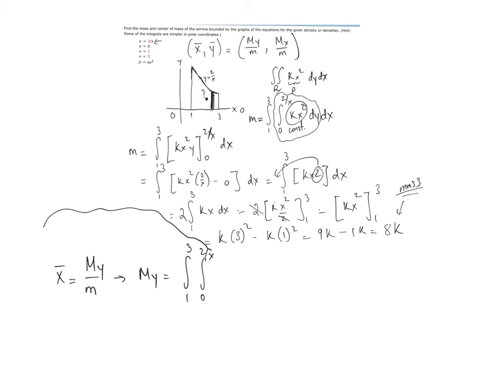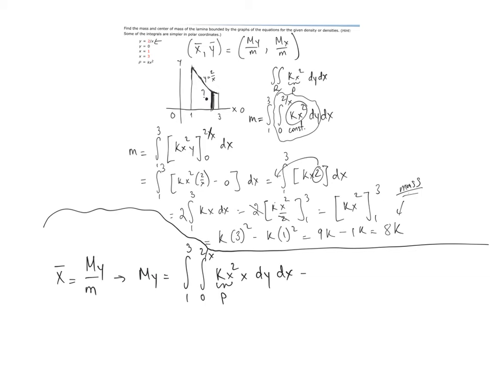Let me just separate this. Now all you have to do is add an x when you evaluate the moment of y, and add a y when you're trying to find the moment of x. So k x squared, this is your rho, you add an extra x into it, with respect to x.